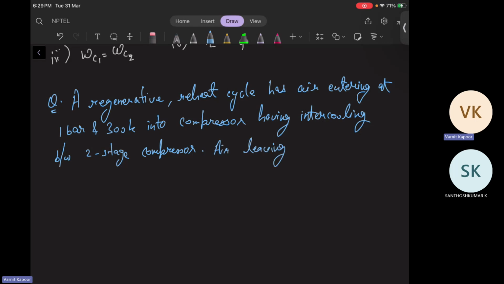So that means you are doing intercooling, regeneration, and reheating also. All the three things are being done here.